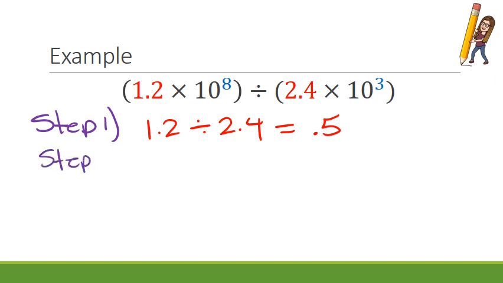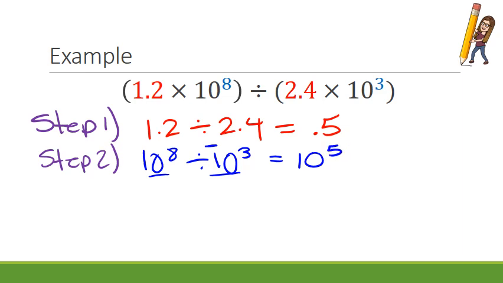Step 2 says to divide our base 10s. Currently, I have 10 to the 8th divided by 10 to the 3rd. When dividing like bases, that means I subtract the exponents. So I have 10 to the 5th. Step 3 says to put those two numbers together.